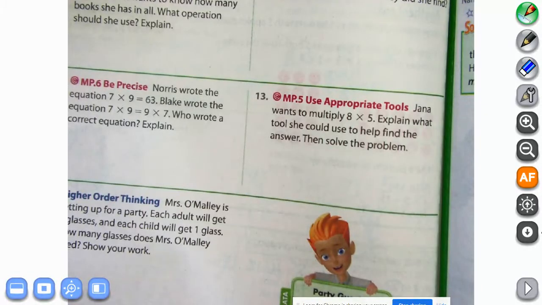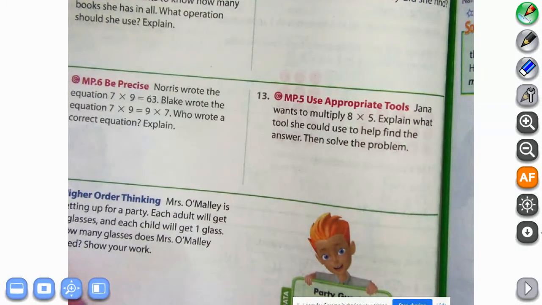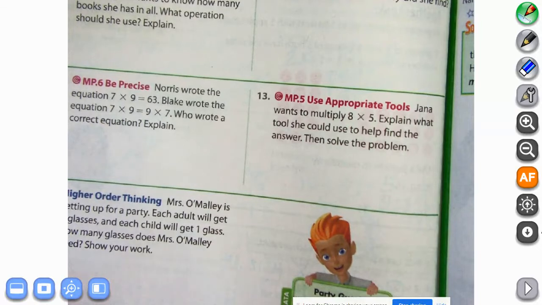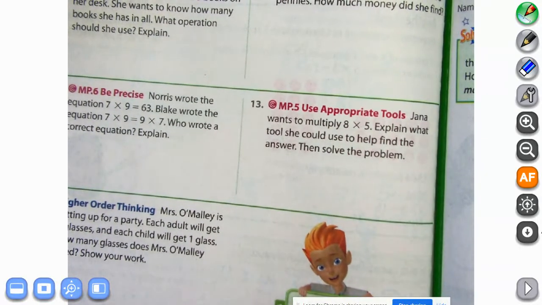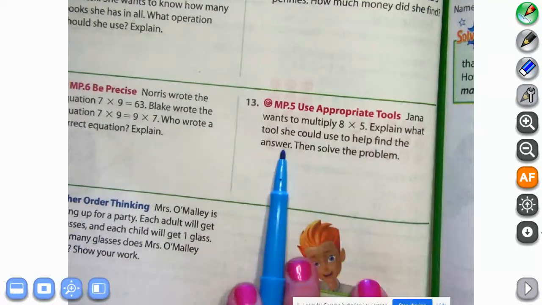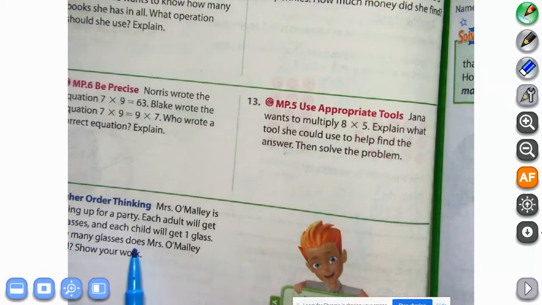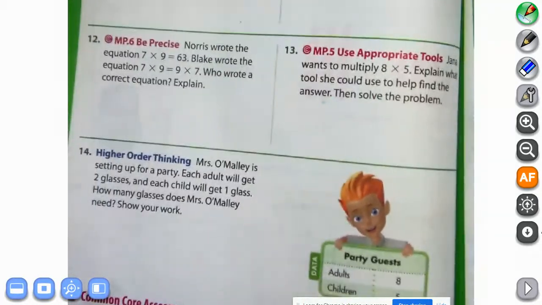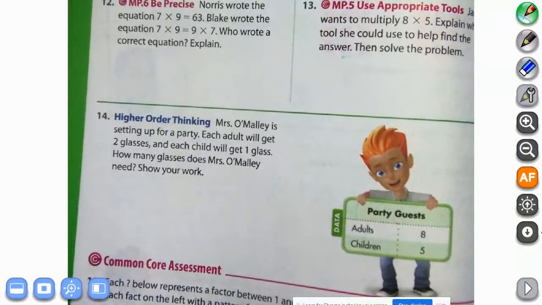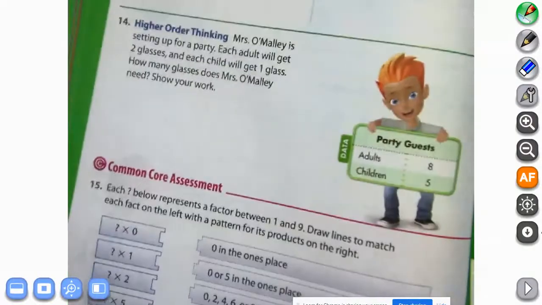Explain what tool she could use to find the answer, then solve the problem. All right. And then we've got our matching here on the bottom.